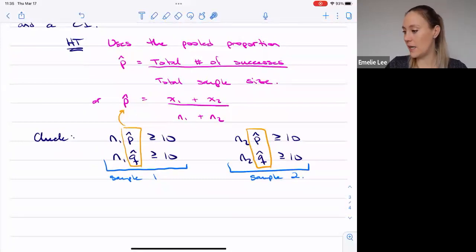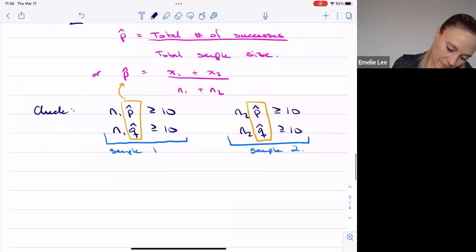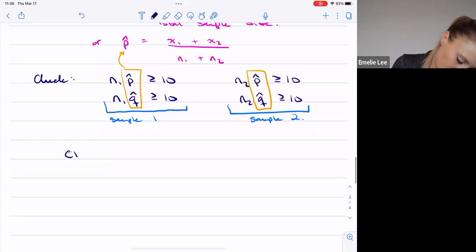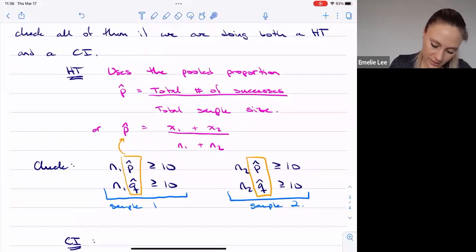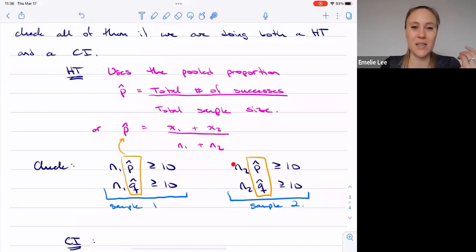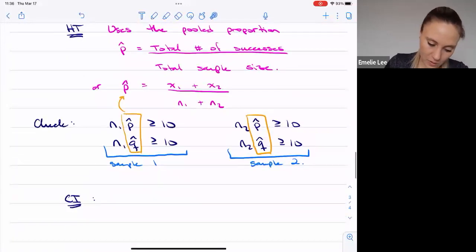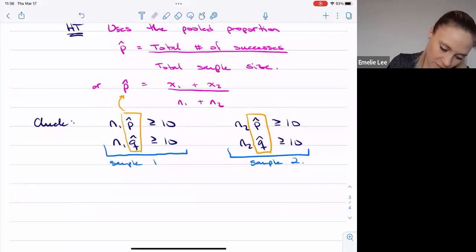Okay, and good. So that's what we check if we have to do a hypothesis test, versus if we are doing a confidence interval. Oh, and I should clarify that really we're checking the expected number of successes and failures in each sample.